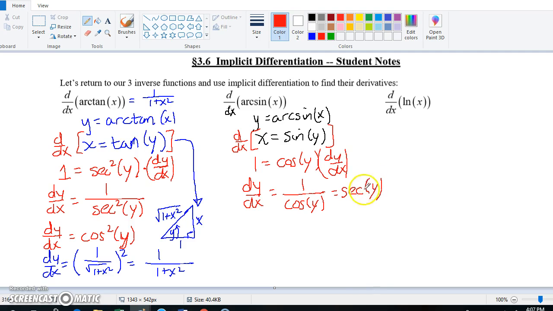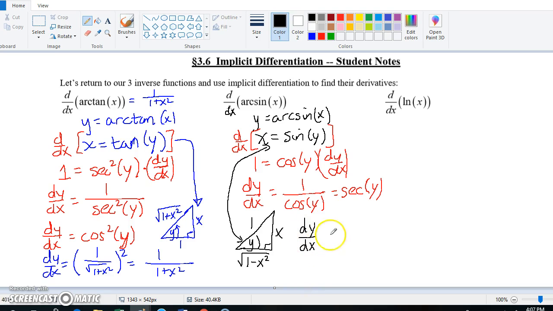We want our derivative in terms of only x, not y. So let's use this equation and draw a picture representing angle y. Angle y has a sine value of x over 1. So the horizontal piece of this triangle would be the square root of 1 minus x squared.